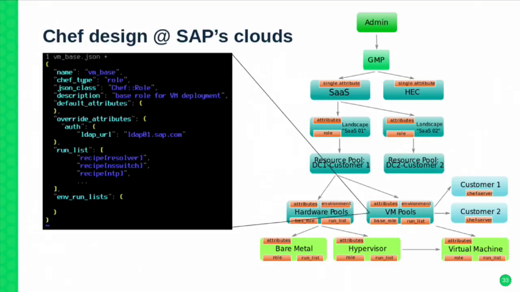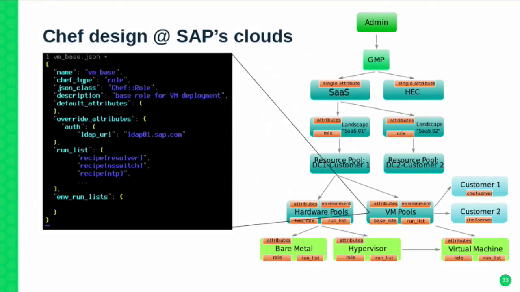Forward, please. Then we have a base role. This entity here says VM base. This base role is attached to every VM pool that we have out there. This is kind of a nested thing, as I said before.